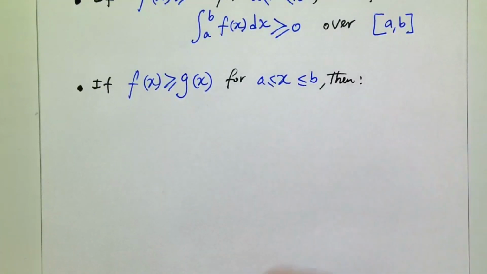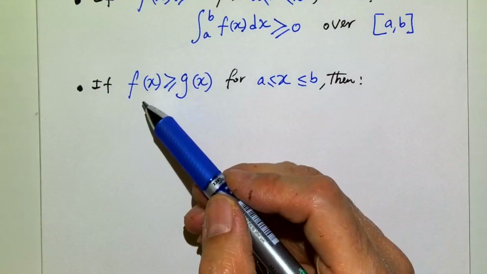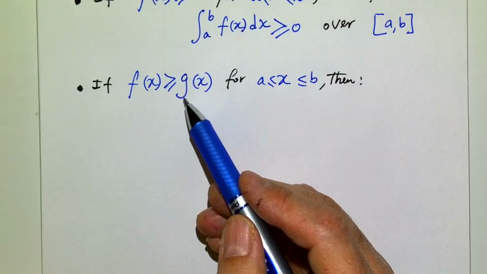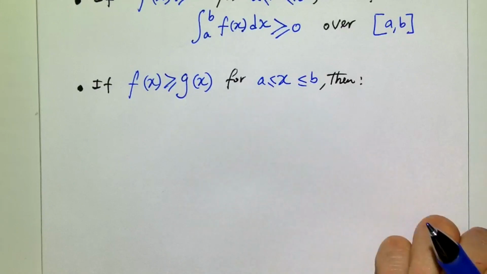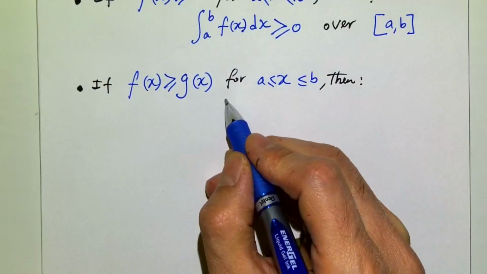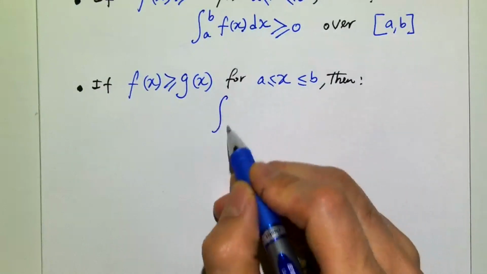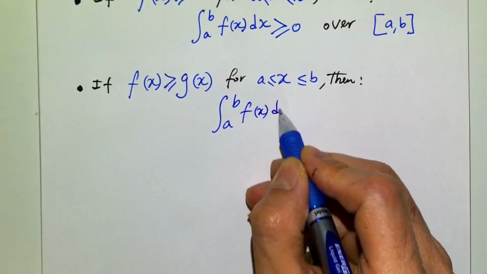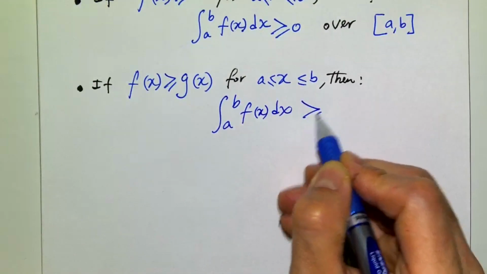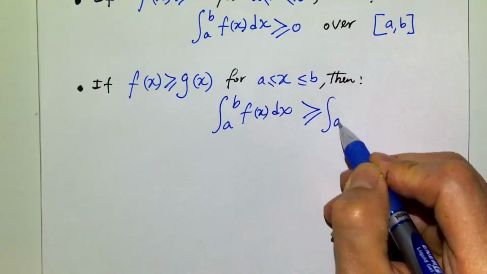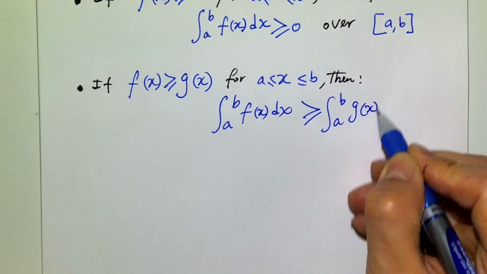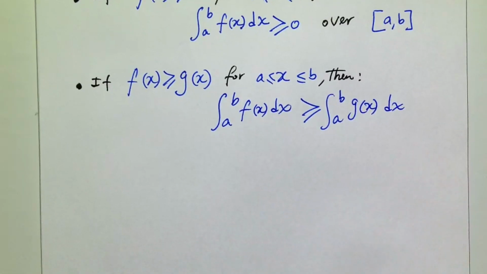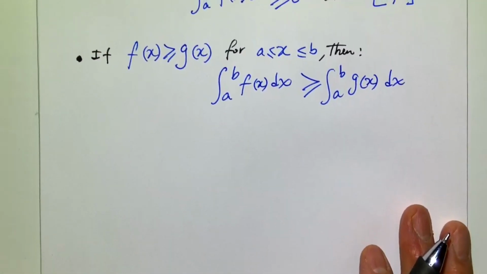The definite integral of f of x is going to be greater than the definite integral of g of x over the same interval. So let's write it down. Then the definite integral from a to b of f of x dx is also greater than or equal to the definite integral of g of x dx. Okay, that's that. And then one more property.